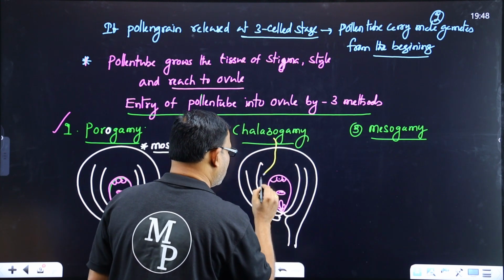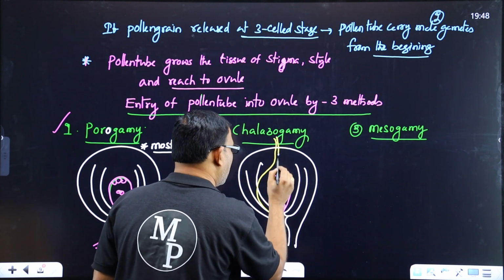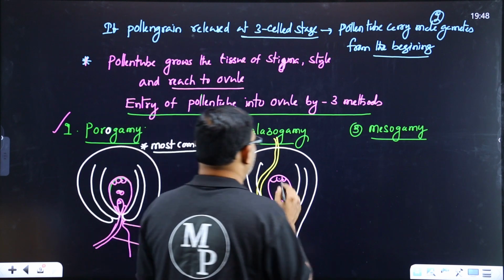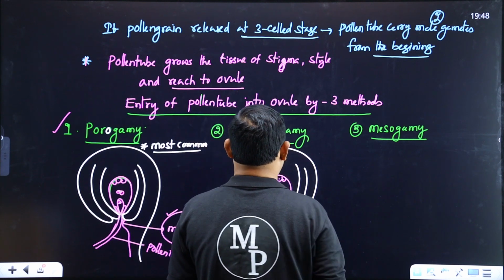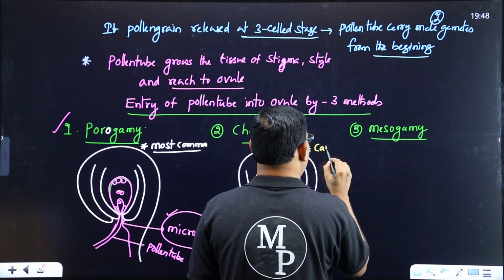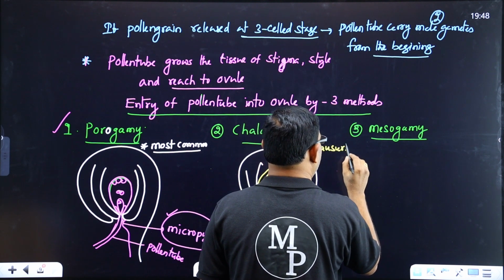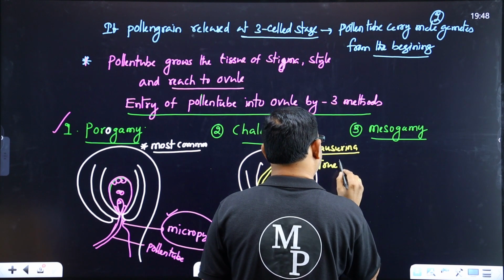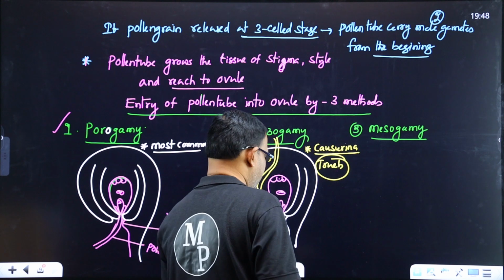Through the chalaza. This is the pollen tube. Example is Casuarina. This was discovered by Treub, one of the scientists.